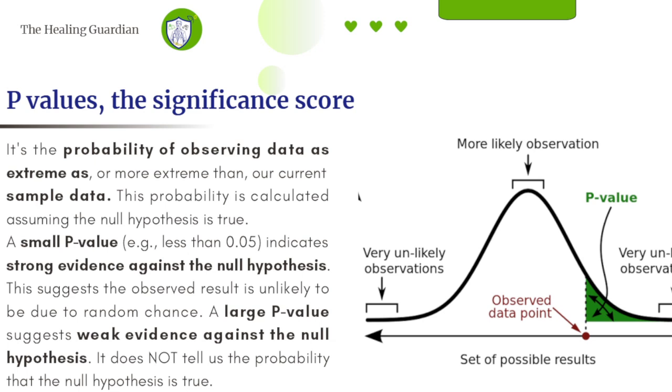A large p-value suggests weak evidence against the null hypothesis, but it does not prove it. It does not tell us the probability that the null hypothesis is true. So if we have a p-value greater than 0.05, we say that we don't have enough evidence that chance didn't contribute.